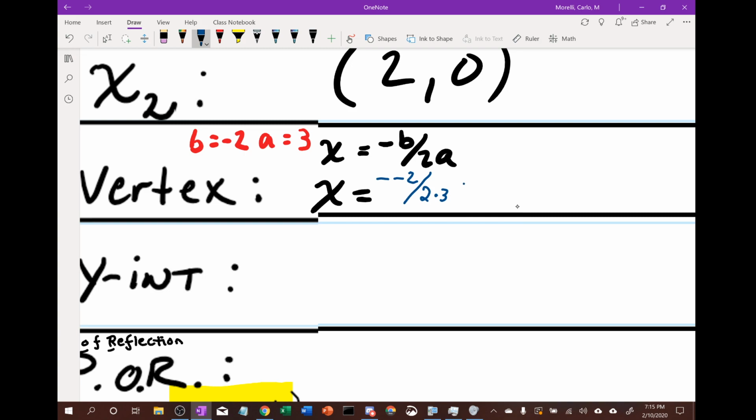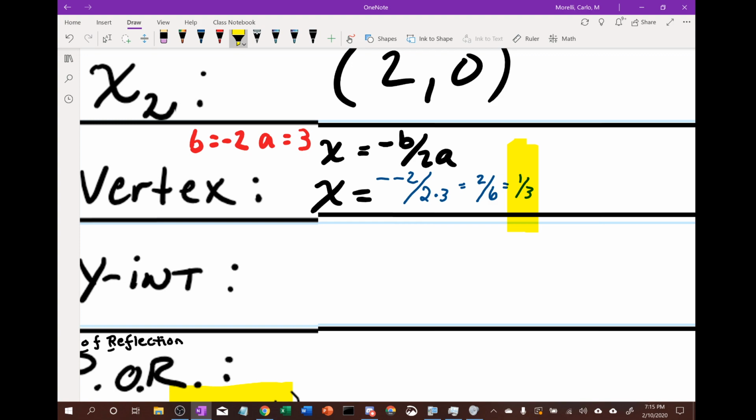Well, that would equal 2 over 6. And 2 over 6 is a fraction that we could easily reduce. 1/3. So guys, you found the x coordinate of the vertex. Congratulations, it's 1/3.